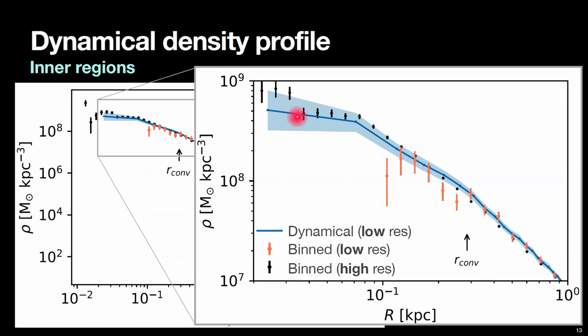We see that our dynamical estimate, even though it doesn't know anything about the high res, is sort of following the same trend that is set by the higher resolution simulation, which is a very interesting result and very promising. It cannot eliminate every single difference with the high resolution simulation, and I can go into that later or you can ask me about it if you're interested. But it's definitely a promising result and a step in the right direction.